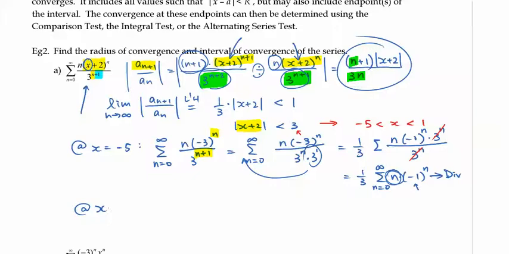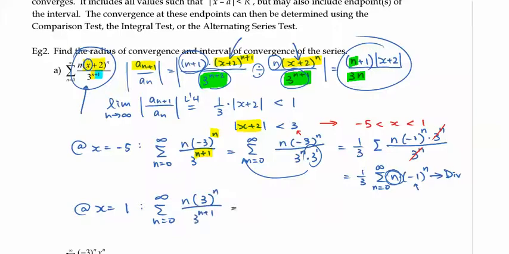And now I can try the value again when x equals 1. Substitute x equals 1 back into the question. Once again, here is the question. With x equals 1, I have 3 to the power of n here divided by 3 to the power of n plus 1.